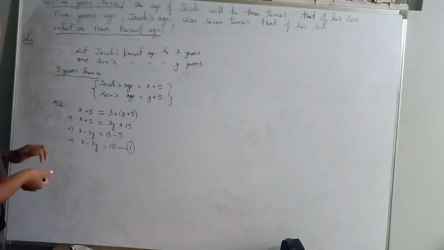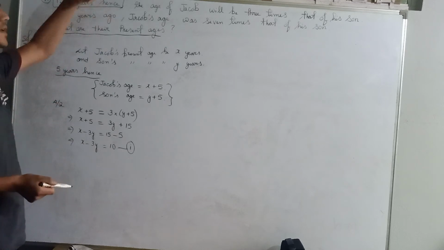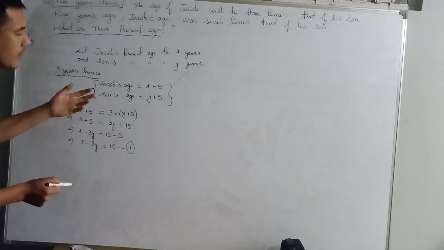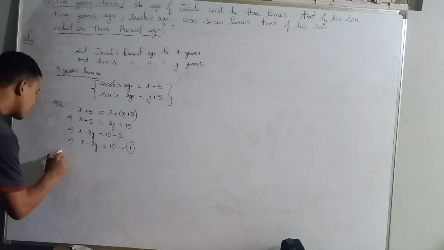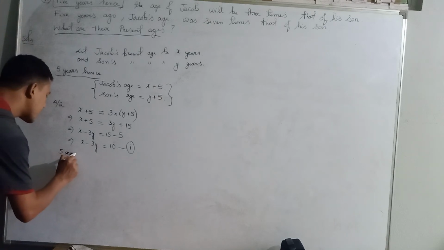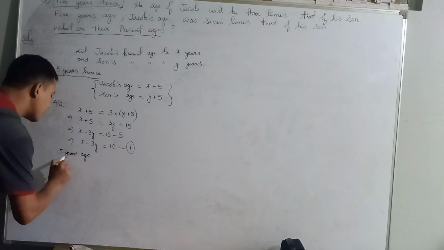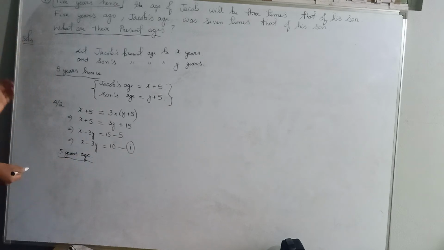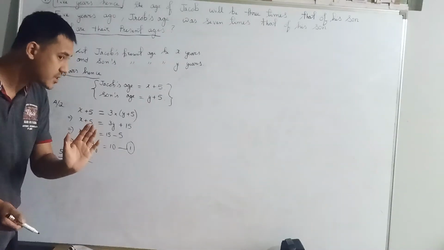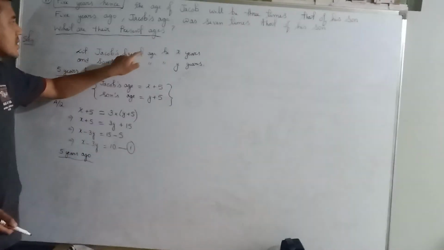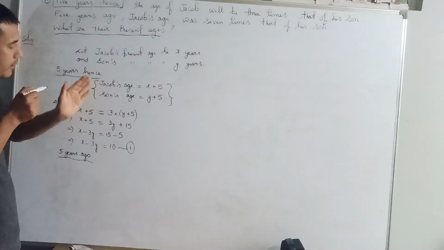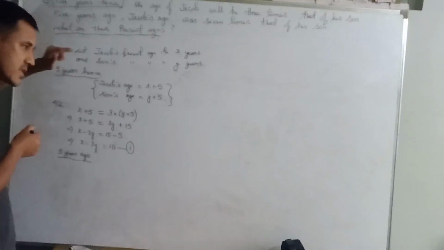The next part of the question says 5 years ago. So 5 years ago, what is Jacob's present age? Jacob's present age is X, right? 5 years ago, what was his age?